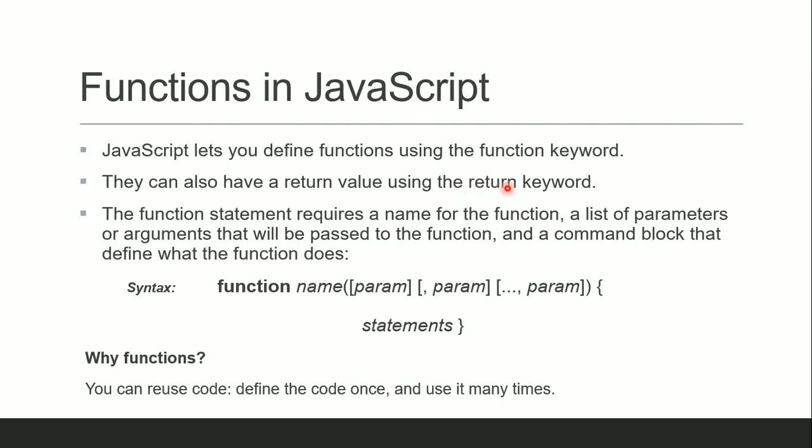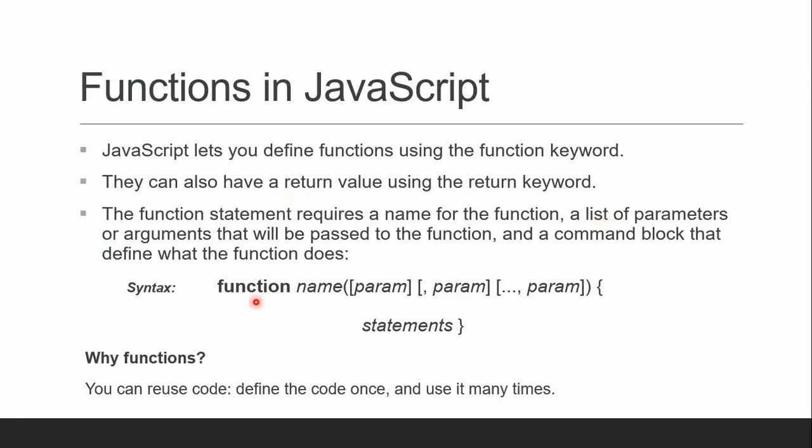And the function statement requires a name for the function, a list of parameters or arguments that will be passed to the function, and a command block that defines what the function does.